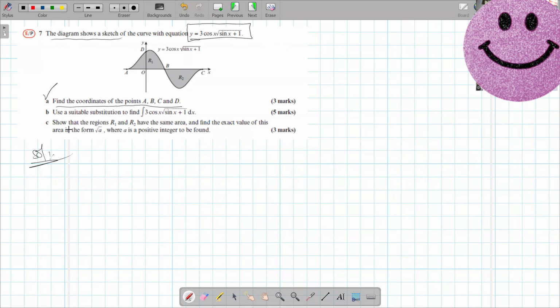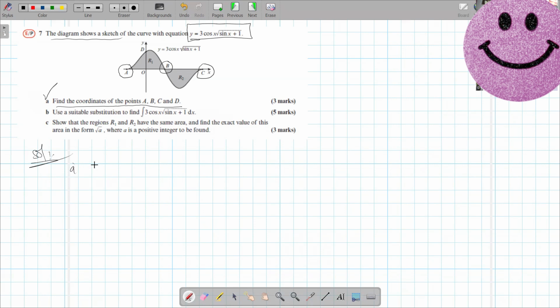So the first step is to find these coordinates. You see, what are these points? A point, B point, and C point are all roots, or zeros, of this function.